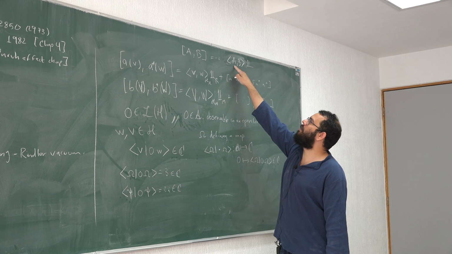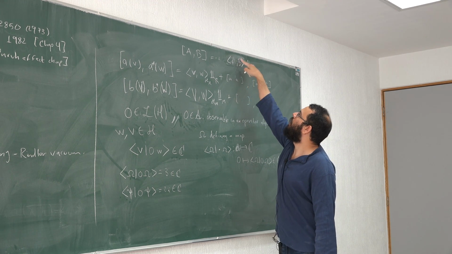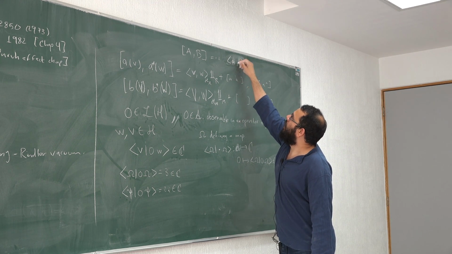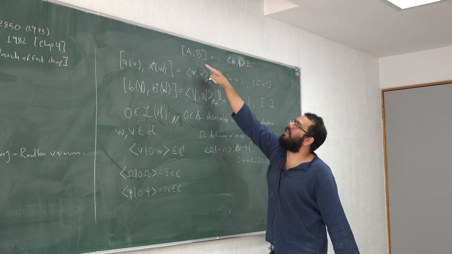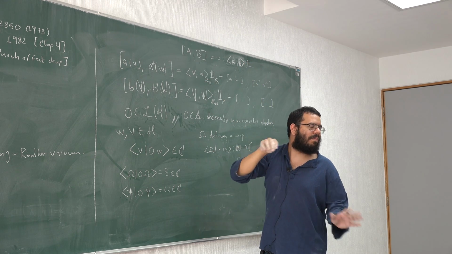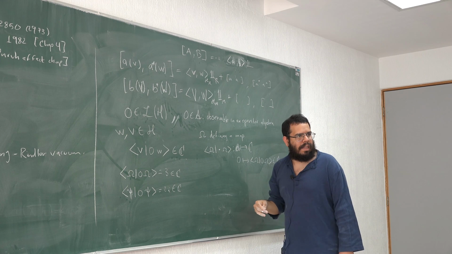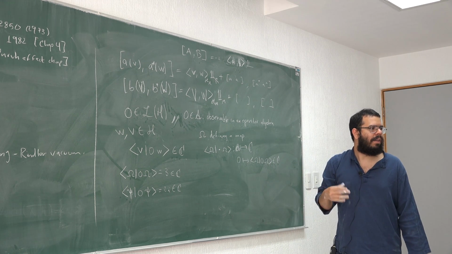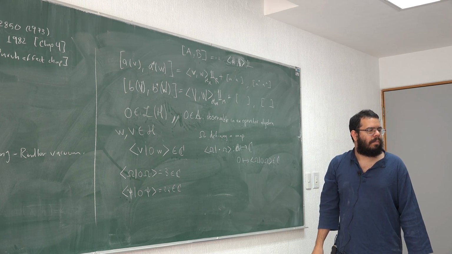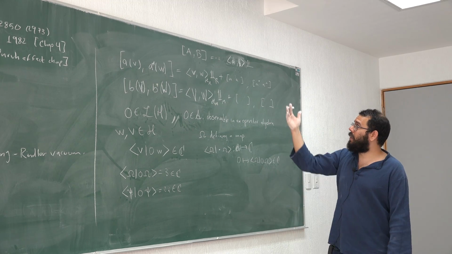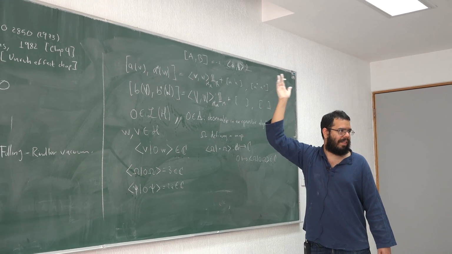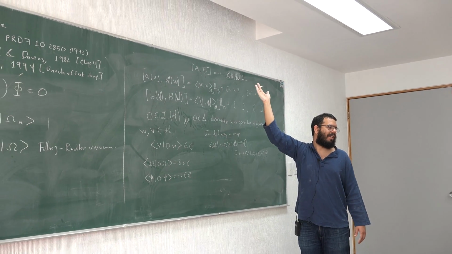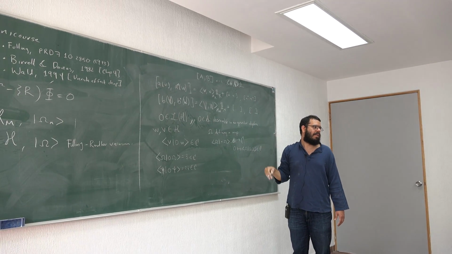It doesn't necessarily have to have A and B here. It could have some other little a and little b that are somehow related to A and B in some specified way. And I'll explain, in particular for the Klein-Gordon field, what the exact algebra that defines a Klein-Gordon field is.